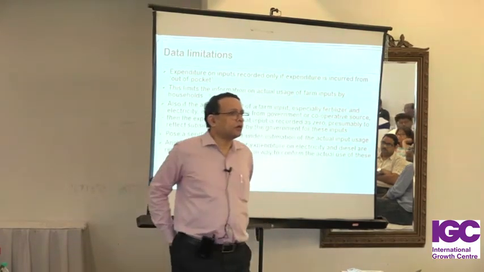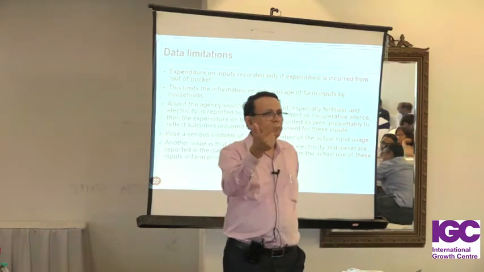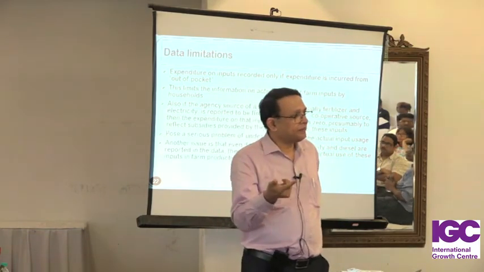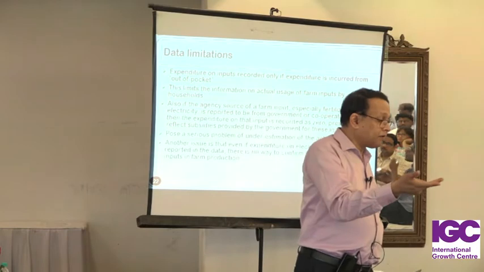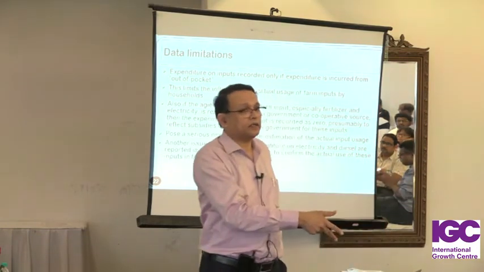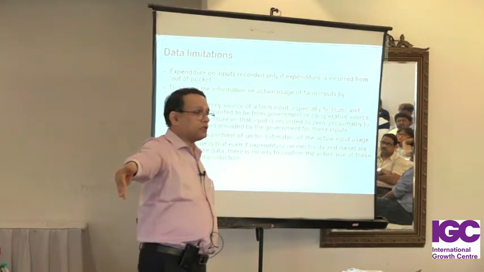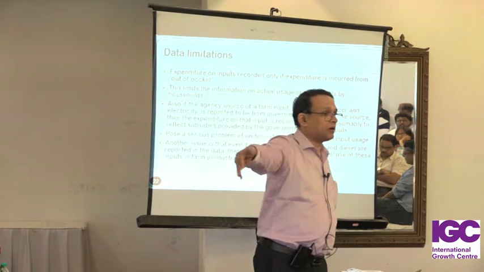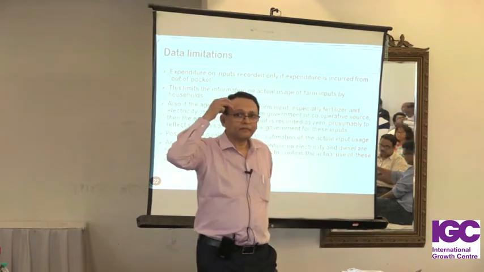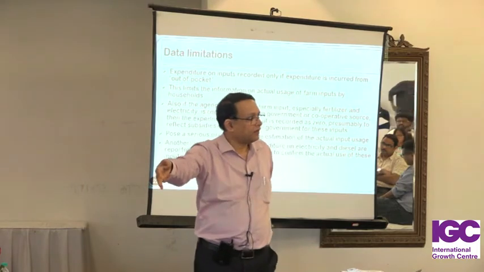There is no imputed value for farm-saved seeds, farm-saved manure, and family labor, and family labor not just in agriculture but in, say, a grocery store that you are running in the village.